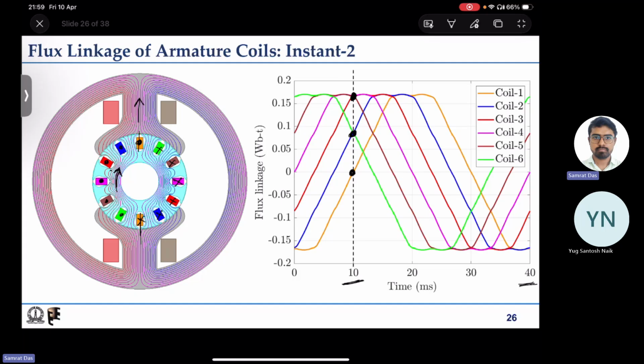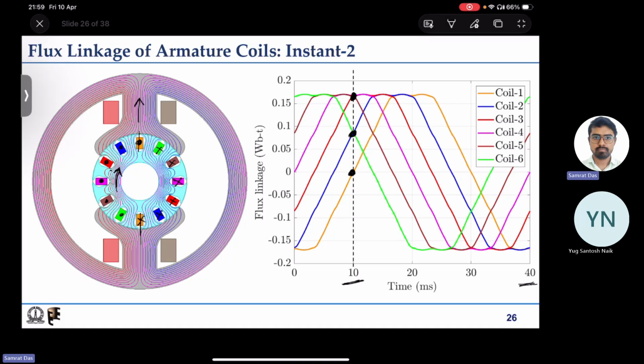All are the same as that seen by the pink one. And again the blue and green have equal flux linkages of the same sign. And the pink one and this orange one have zero flux linkage at this instant.